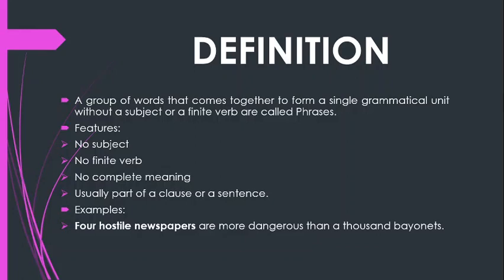But what we have done is add something before newspapers: four, hostile. One is an adjective, and the other is also an adjective. So newspapers is modified by two adjectives, one of number and one of nature, quality. Four, number; hostile, quality; newspapers. So four hostile newspapers, all together, form a phrase.